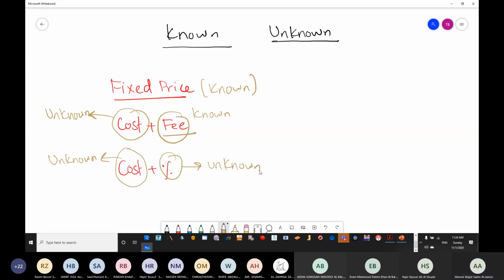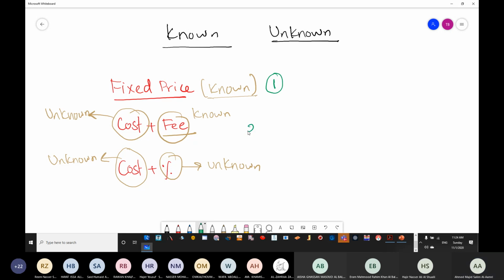Now, which one is better for me? Fully known, half known, half unknown, or fully unknown? Of course, the best option for me is to know fully.